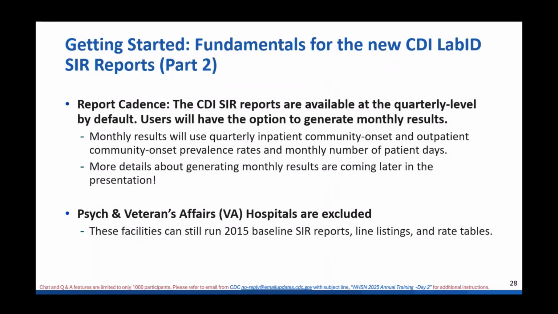I will provide more details on how you will be able to generate monthly results later in this presentation. And the last fundamental to note is that inpatient psychiatric facilities and Veteran Affairs hospitals are excluded. These facilities can still run the 2015 baseline SIR reports, the line listing reports, as well as the rate tables.